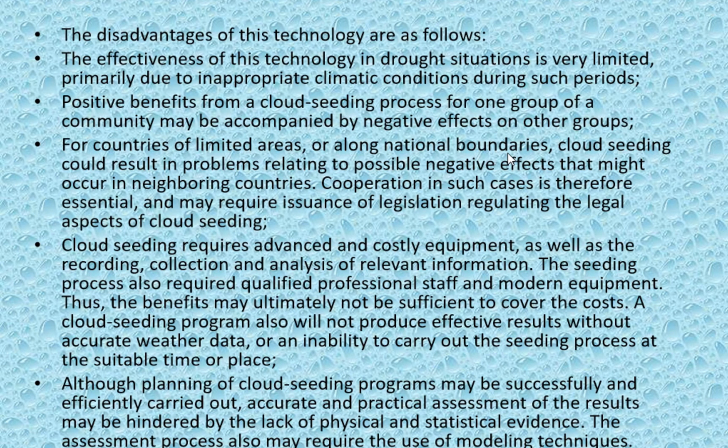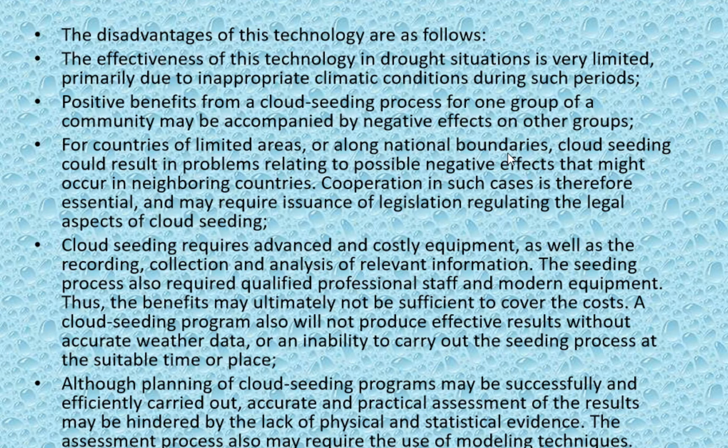Here are some disadvantages of artificial cloud seeding. Number one, the effectiveness of this technology in drought situations is very limited, primarily due to inappropriate climatic conditions during such periods. Positive benefits from a cloud seeding process for one group of a community may be accompanied by negative effects on other groups.